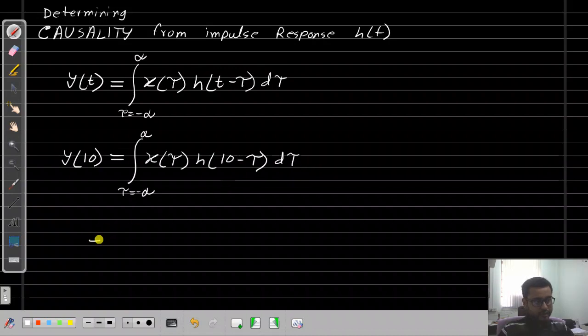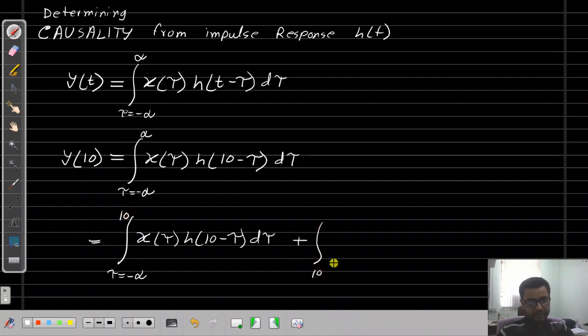This you can then write as two integrations: x(tau) h(10 minus tau) d tau, tau running from minus infinity up to 10, plus the integral from 10 to plus infinity of x(tau) h(10 minus tau) d tau.